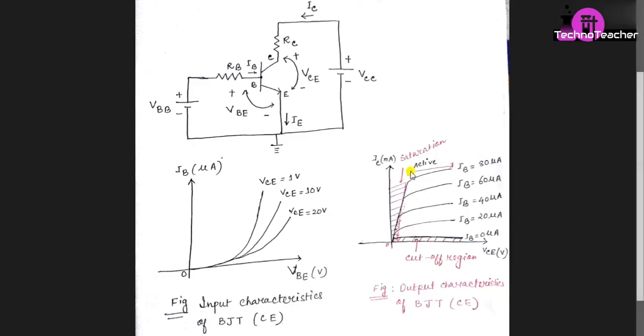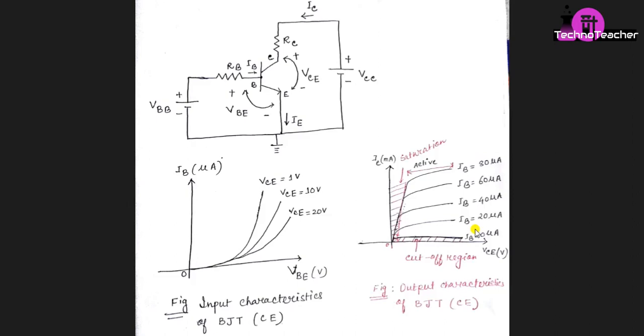Let's first see what is active region and what will happen in the active region. In active region, whenever we increase this VCE value, this IC value will also increase, as we can see in the curves. The reason behind this is that whenever we increase VCE value, the VCB value will also increase. That means the depletion region width will increase and thereby it will reduce the effective base width.